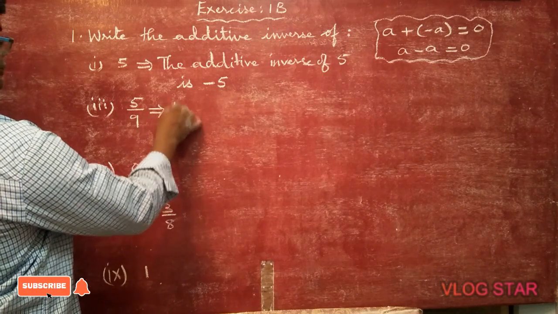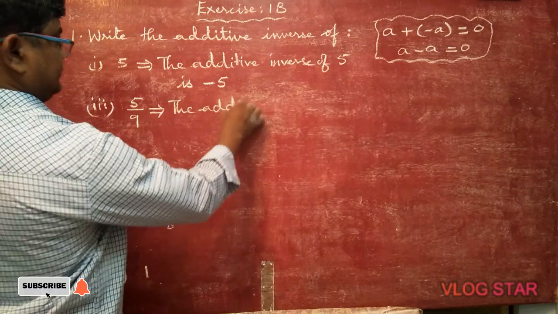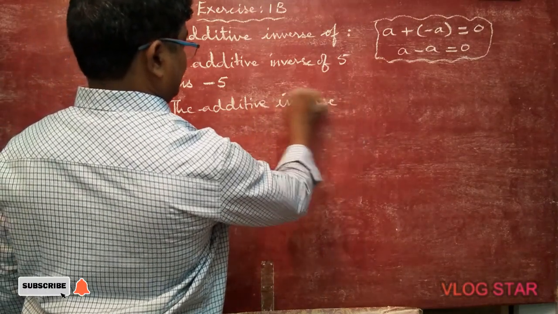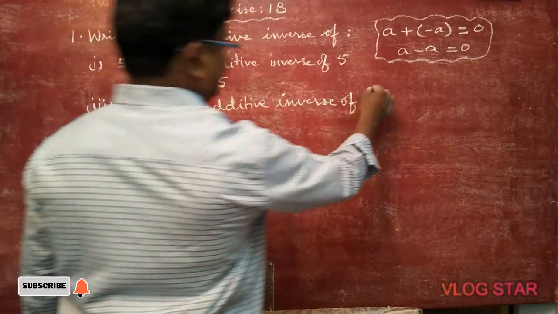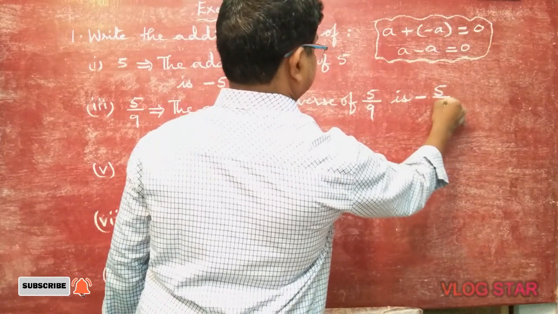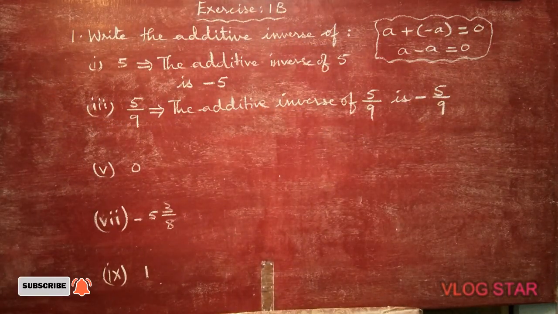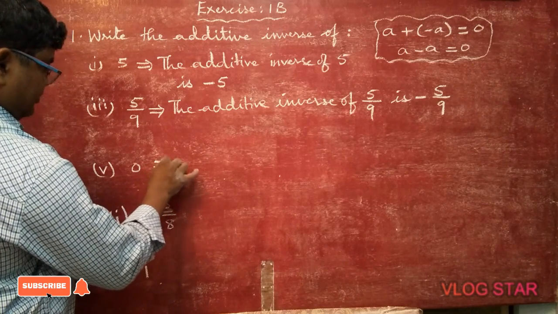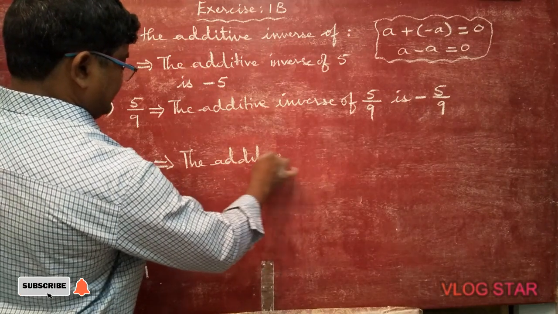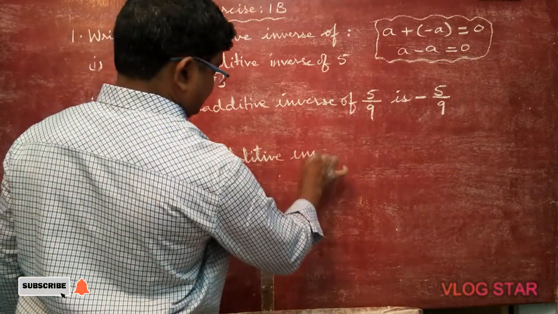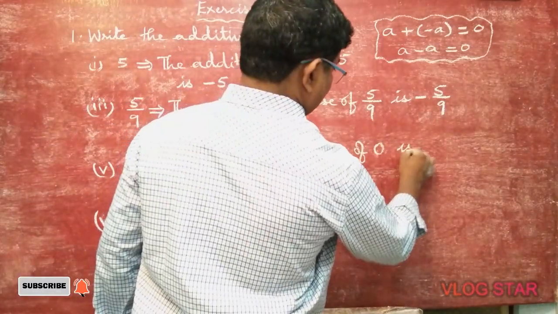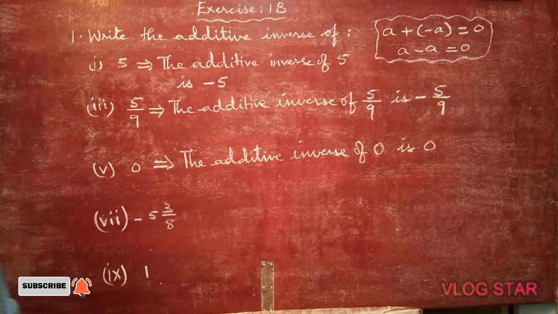For the next one, the additive inverse of 5 by 9 is minus 5 by 9. Opposite sign. Next, the additive inverse of 0. 0 is neutral, so it is 0 only.